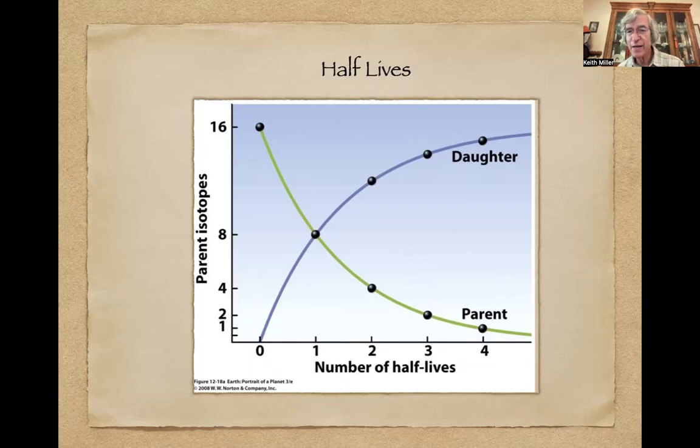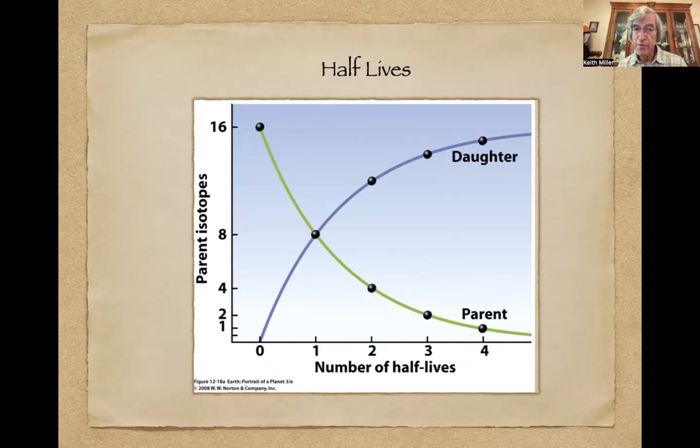So you have 16 atoms, or 16,000 or 16 million or 16 billion atoms of the radioactive parent. In one half-life, half of those turn into a daughter. So in one half-life, the parent will have 8 billion, half what it was, but now there are 8 billion daughters.